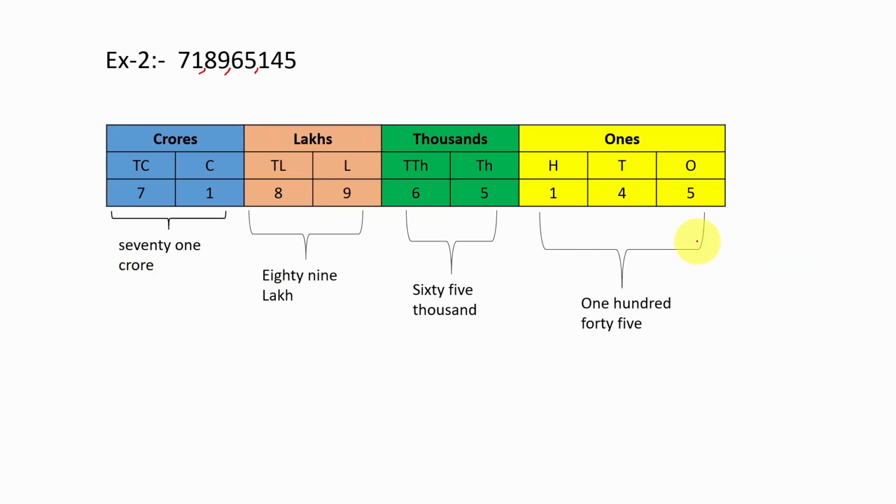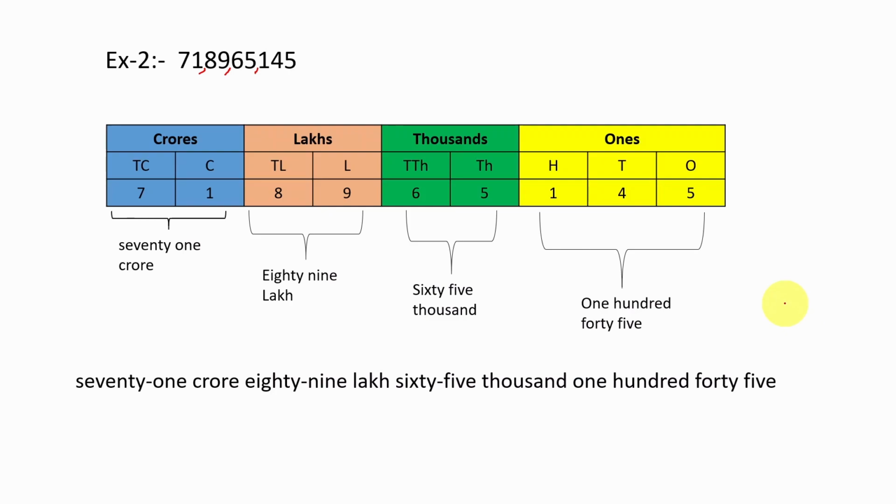This is the way to write the number names. So here the number name of this numeral is 71 crore, 89 lakh, 65,000, 145. Don't use 'and' here.